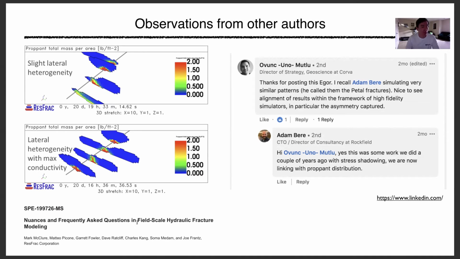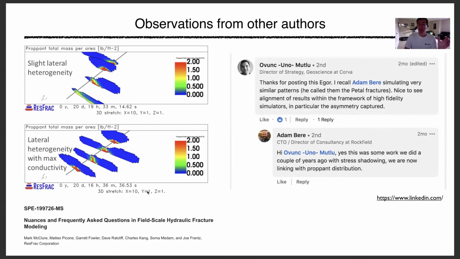This was before I joined ResTrack, and they published a paper in early 2020 where they discussed that if you propagate multiple hydraulic fractures, as you can see here, four from a horizontal well, and you have a lot of toughness and less viscosity, then each individual fracture is asymmetric and has a more complex shape. But once you start adding viscosity or reducing toughness, you start seeing more regular shapes, as you can see here at the bottom. So that was the observation there.